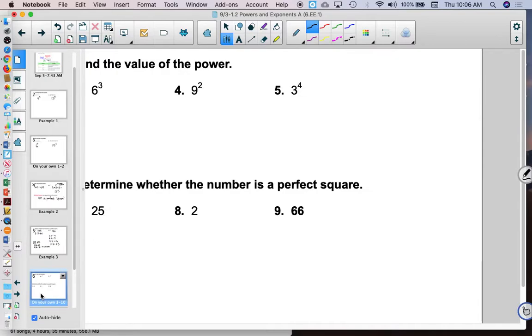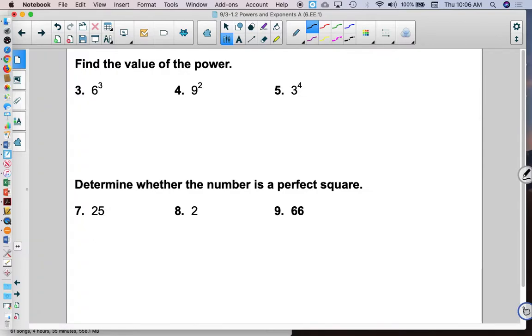Okay, let's find out. We're just going to find the power. Find the power of 6 cubed. When it says find the value of the power, that means to solve it. Find the value means solve. Yeah, you can use your calculator.